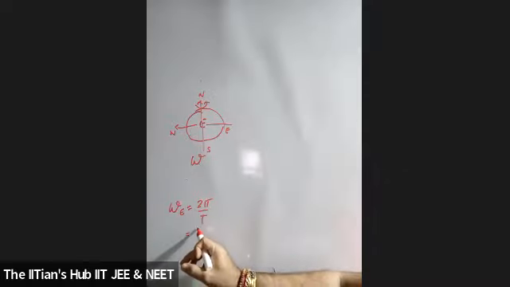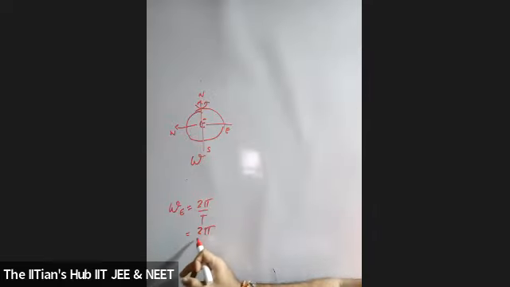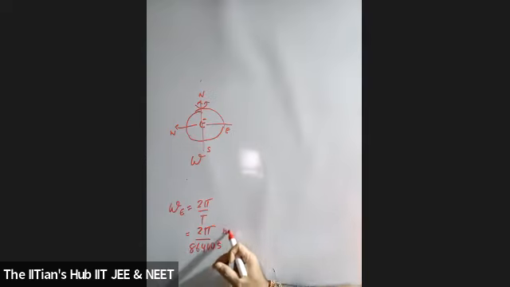That is 24 hours. Students, 24 hours is 86,400 seconds. This is in radians. Therefore, your answer is 7.26 into 10 raised to minus 5 radian per second.